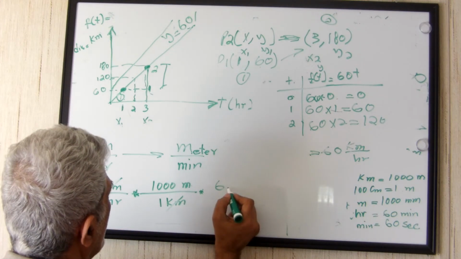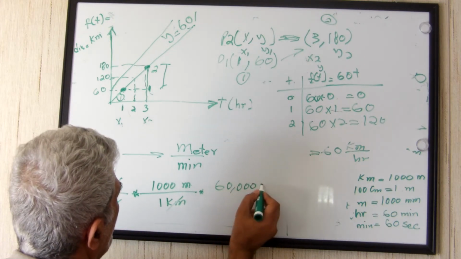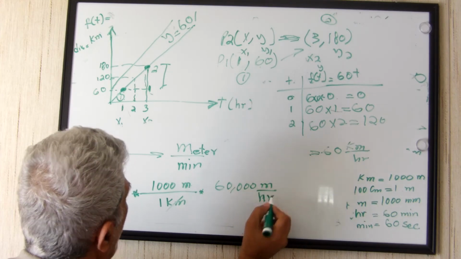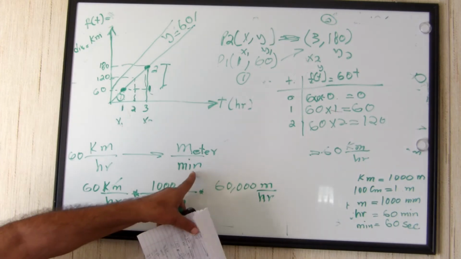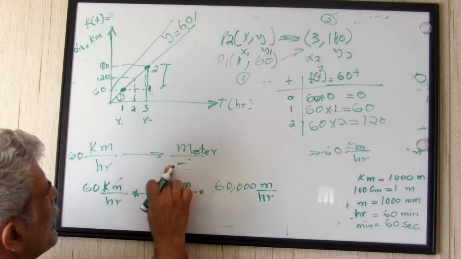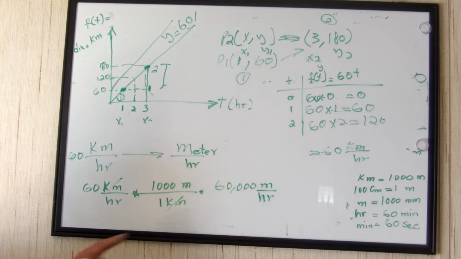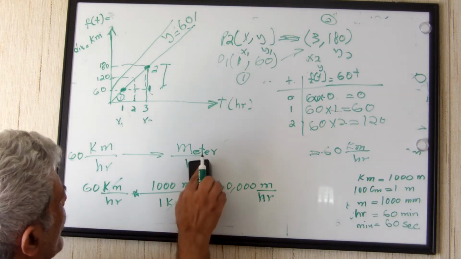It's going to be 60,000 meter per hour. This is per hour. Also, we are going to change it to minute. Okay. Now we are going to change it to minute.